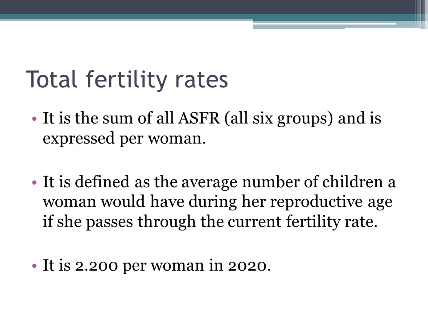We can say the total fertility rate is defined as the average number of children a woman would have during her entire reproductive life if she passes through the current fertility rate. The total fertility rate at present is 2.20. So in total fertility rate, we take into consideration all the children, whether they are boys or girls.